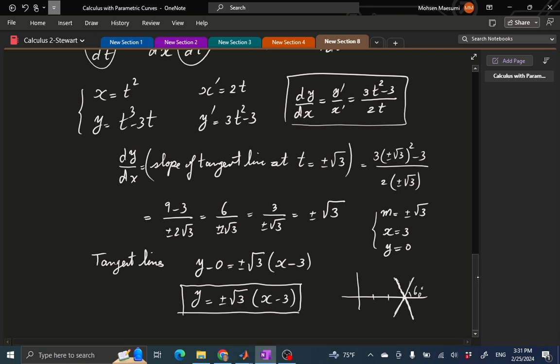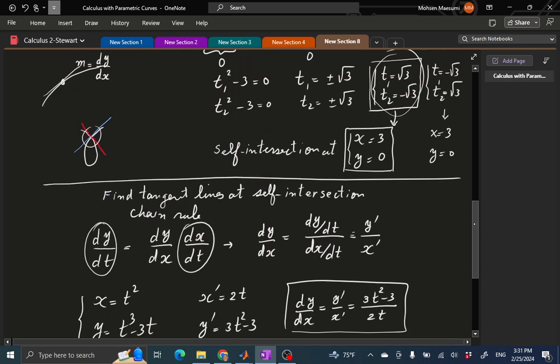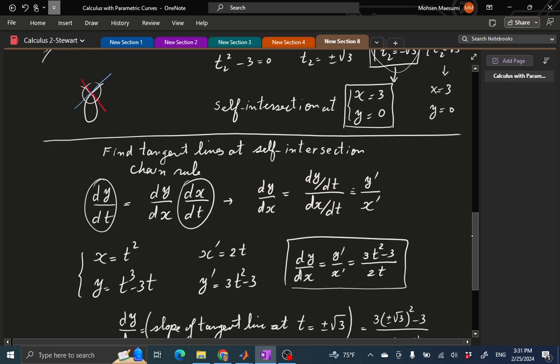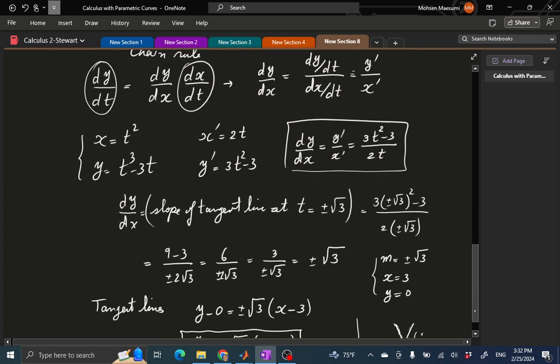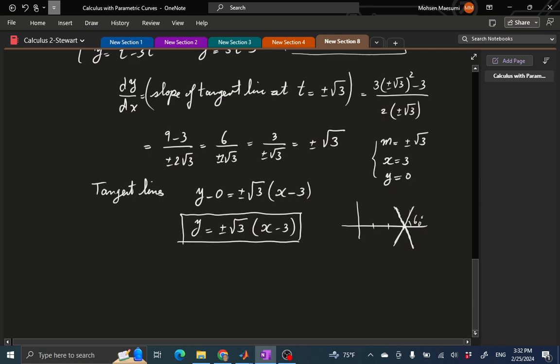So we used these two time values, radical 3 and minus radical 3, and they are giving us these two tangent lines.